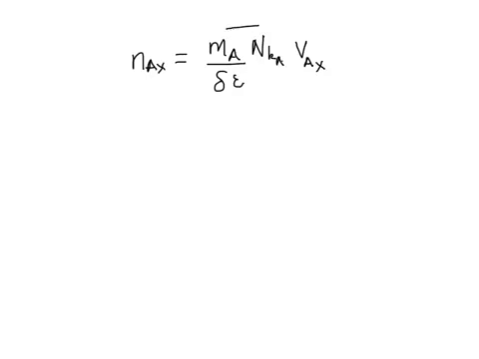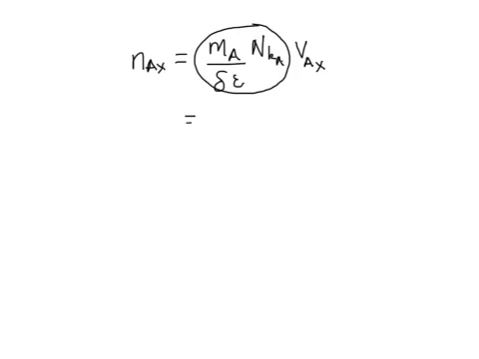So looking at this grouping of terms, you notice we have the mass of a molecule of A, Ma, times the number of molecules that crossed, divided by the volume occupied by those molecules.